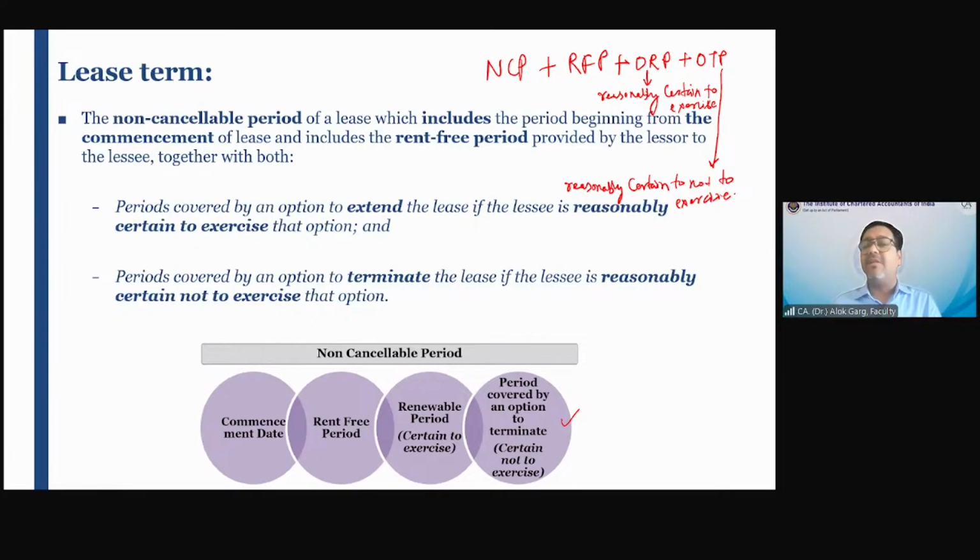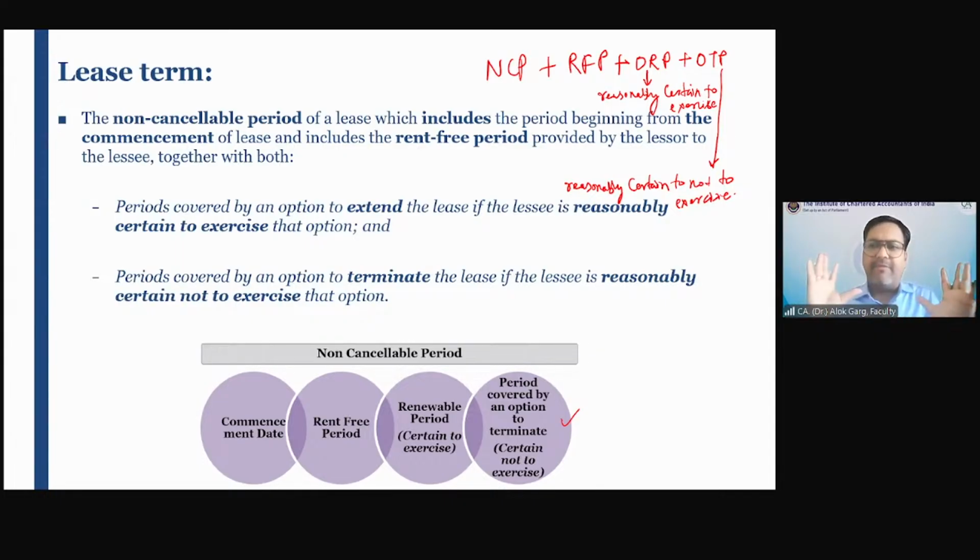Now coming to the lease term, friends. What is the lease term? The lease term consists of the non-cancelable period of a lease, beginning from the commencement date of the lease, and includes the rent-free period.